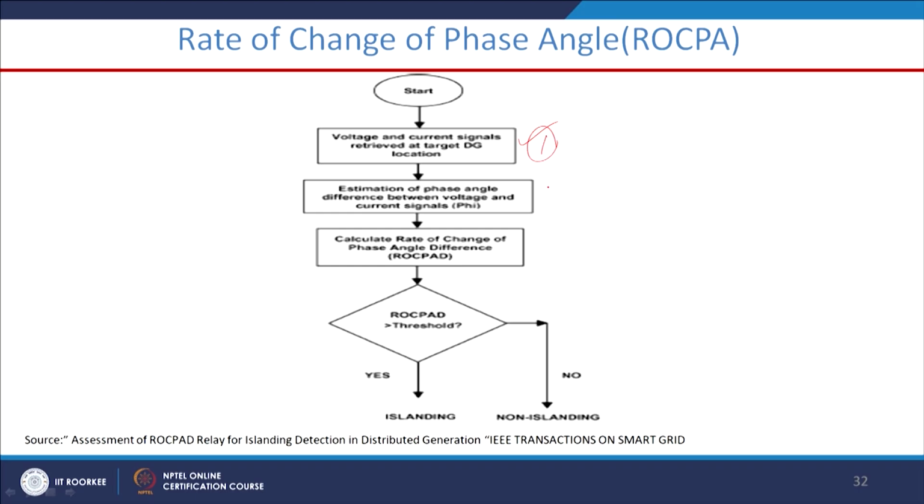This is step 1, step 2, step 3. If this rate of change of the phase angle difference is greater than a certain threshold, then yes, islanding is present; otherwise there is no islanding. This is how this particular technique works.